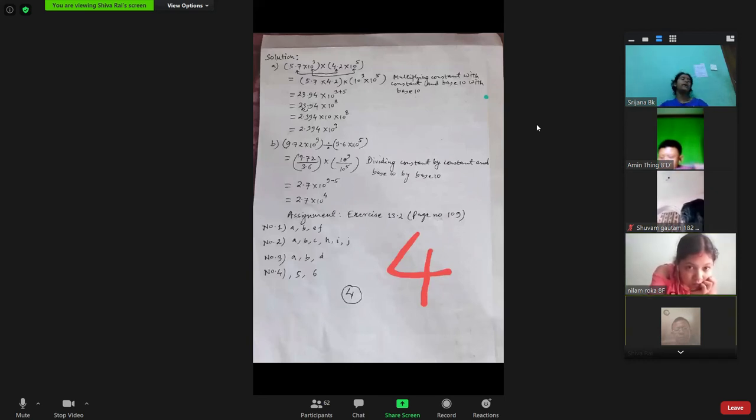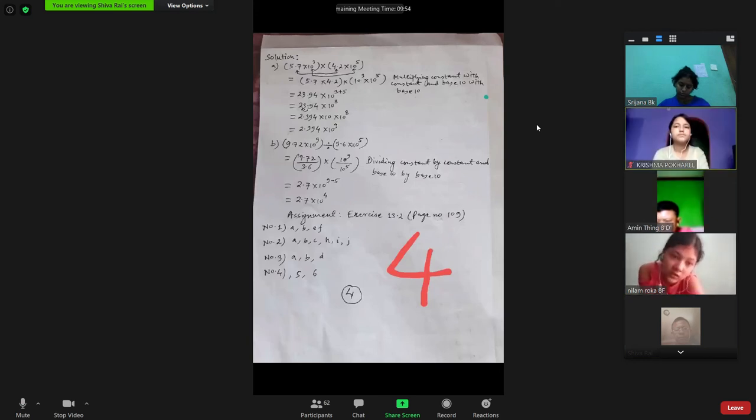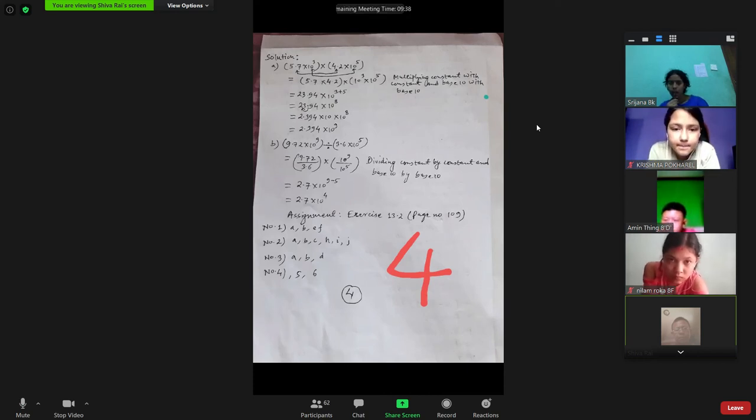After that, in statistics, you have learned mean, median, mode, all. And after this, we have learned rational numbers and the number system, all finished. In algebra, only factorization you have done, under algebraic expressions.